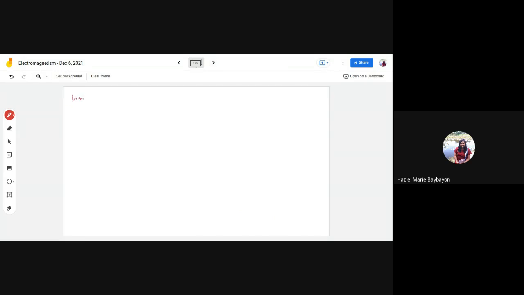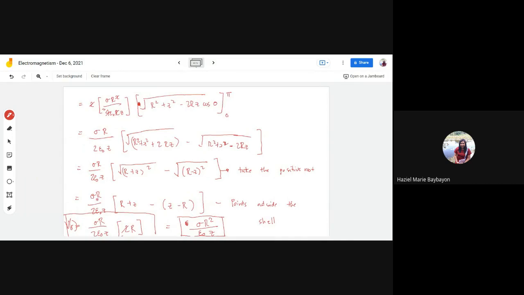For points inside the shell, we have to take the positive root. So for points inside the shell, your r is greater than z, so the positive root is r minus z.